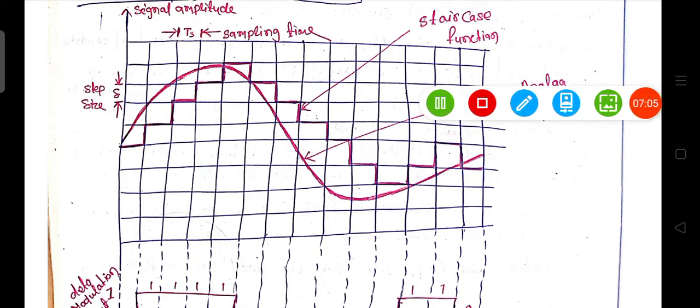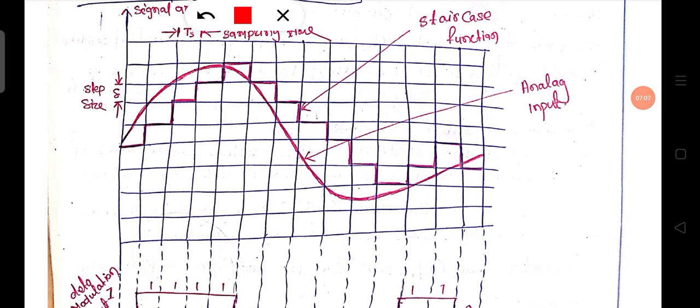Now see how the staircase function is made from the analog signal.